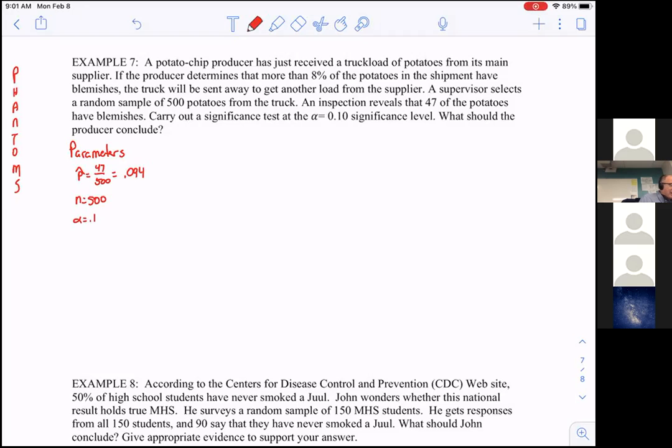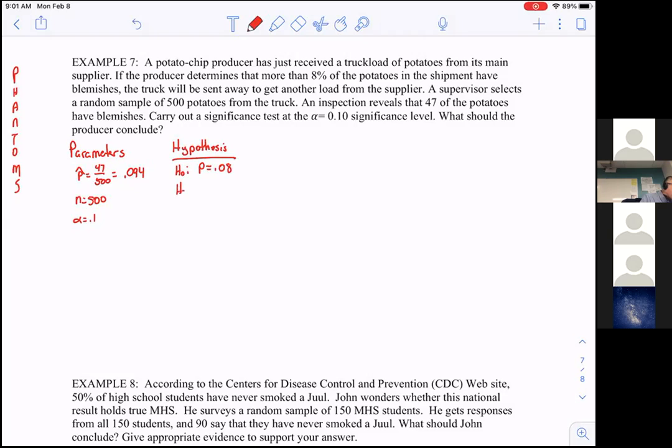I've listed off all the things. Technically speaking, this is where we have to do our hypotheses, because there's another parameter in our hypotheses. All right, so the null hypothesis: we're going to worry about that proportion being 0.08 or lower.